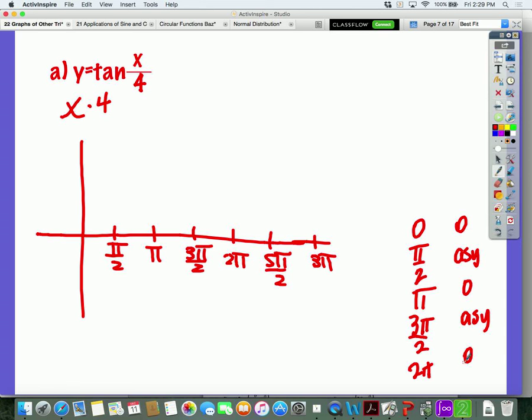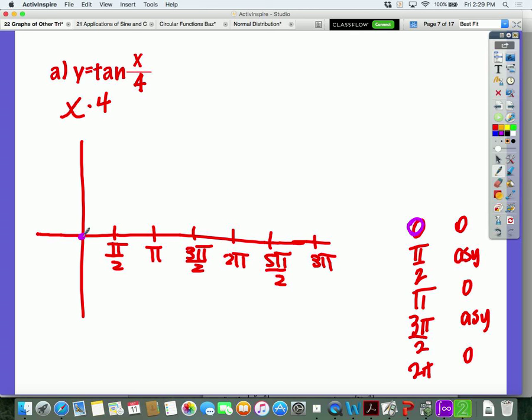Okay, so if all of these x's are getting multiplied by 4, nothing's happening to my y's, right? Those all stay the same. So am I still going to have a 0, 0? Yes, because when I multiply 0 by 4, I still get 0. So I still have a point there.